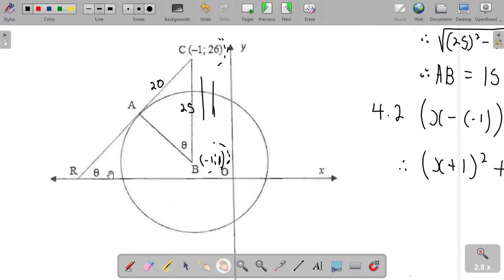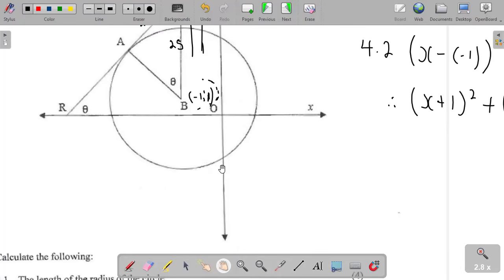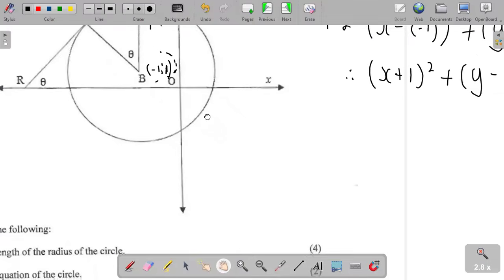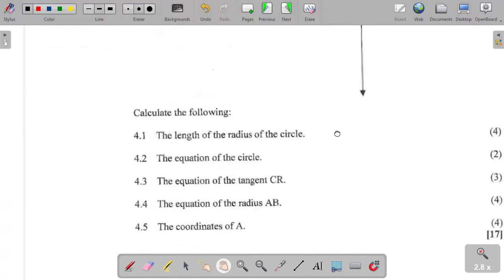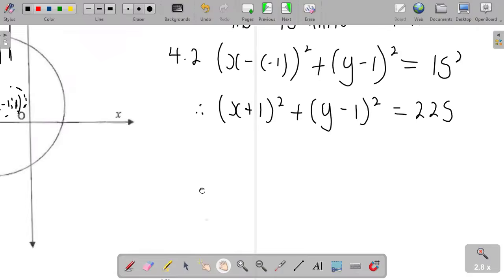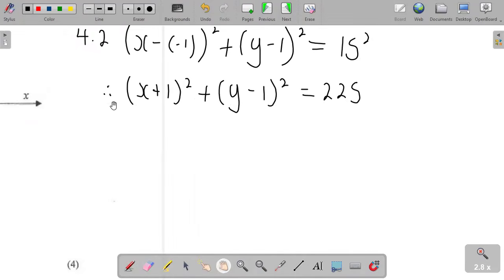We know that the gradient will be given by the tan of theta, isn't it? So for 4.3, the gradient is given by the tan of theta.